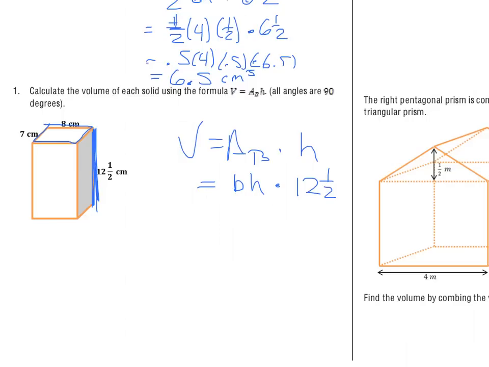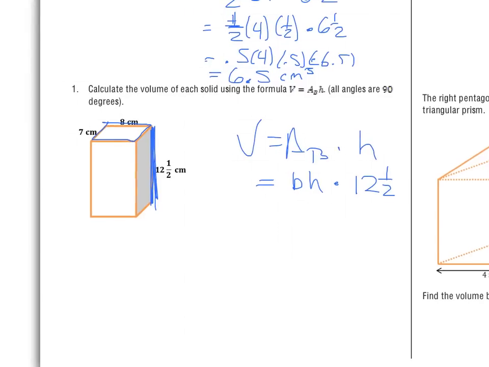So the base and height of our base here, and sometimes it helps me, if I'm trying to find the area of my base, to just rewrite and draw out what that base looks like. So for me, I'm just going to say, oh hey, this is the area of my base.